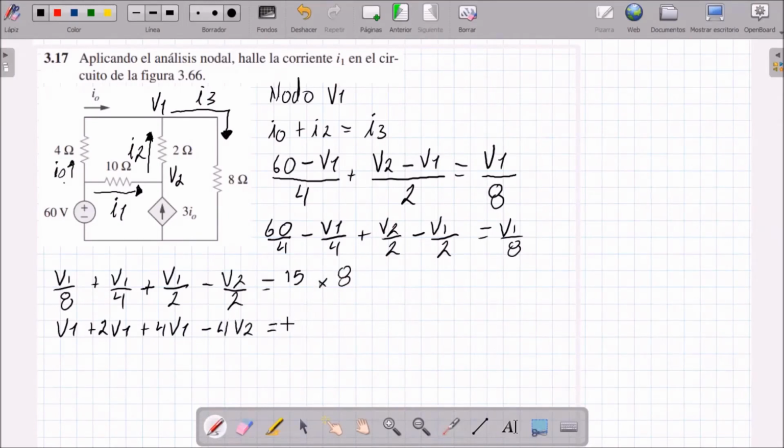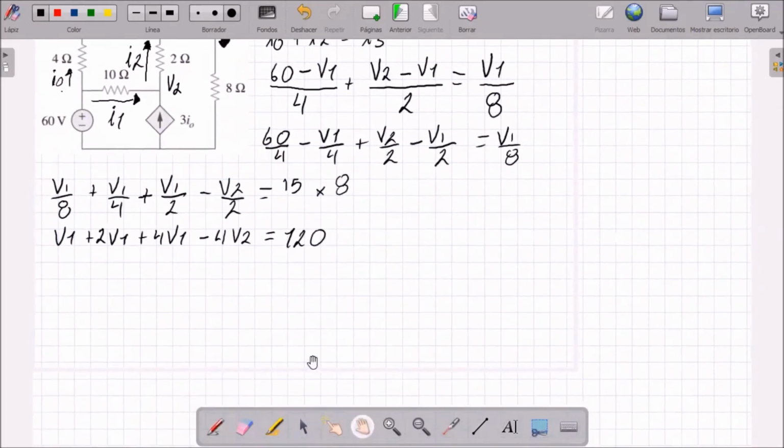Now, B1 plus 2 plus 4 would be 7, so 7B1 minus 4B2 equals 120. This would be equation 1.